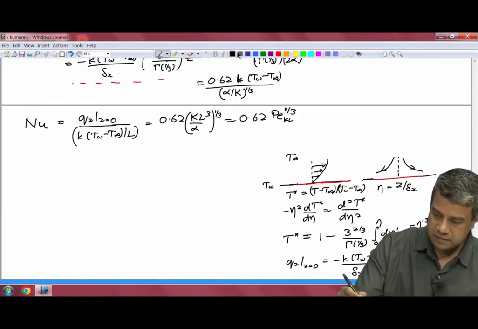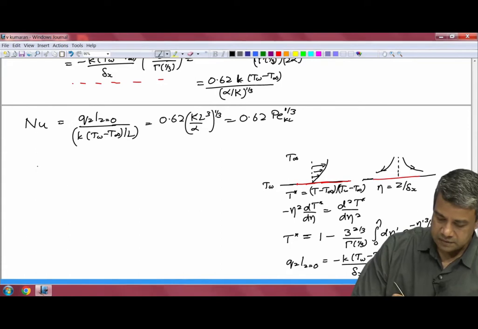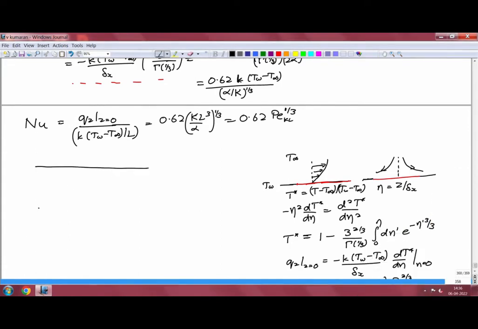Now, we will try to solve a different configuration, and that is for the heat transfer in a pipe, which has a heated section here, starting at this location x is equal to 0.